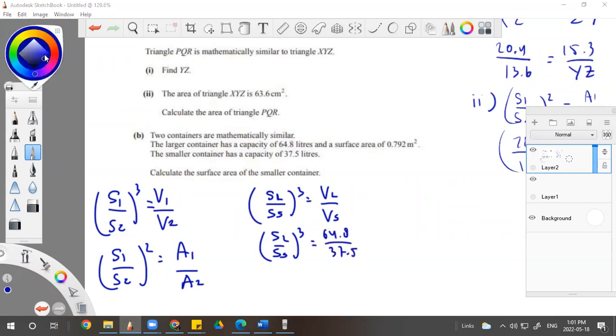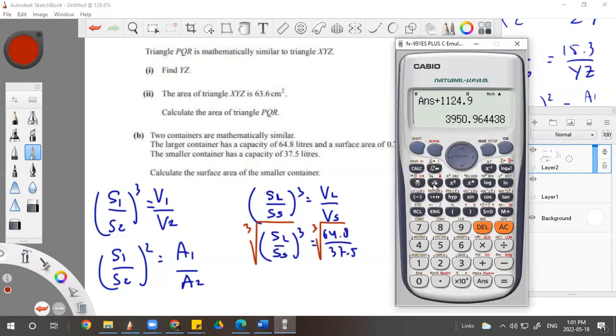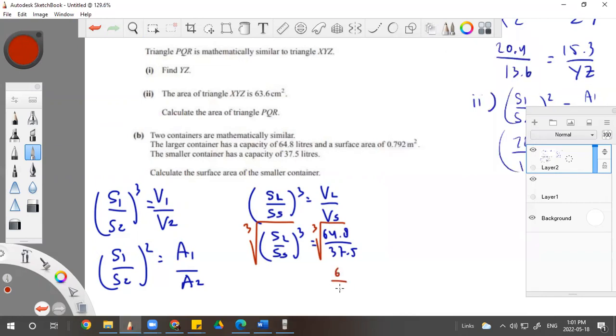In this case, you need to take the cube root of both sides. The cube root of 64.8 over 37.5 gives 6 over 5. That's for the side of the large and the small.